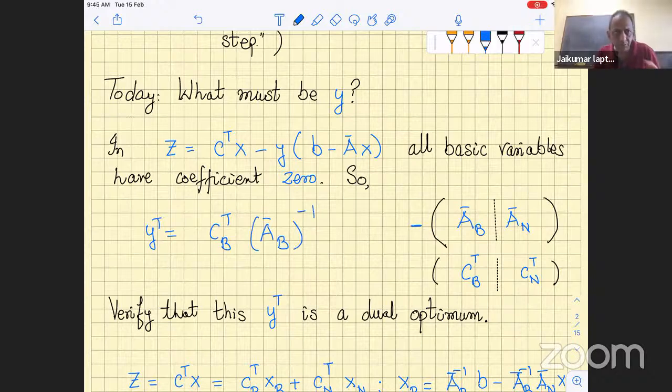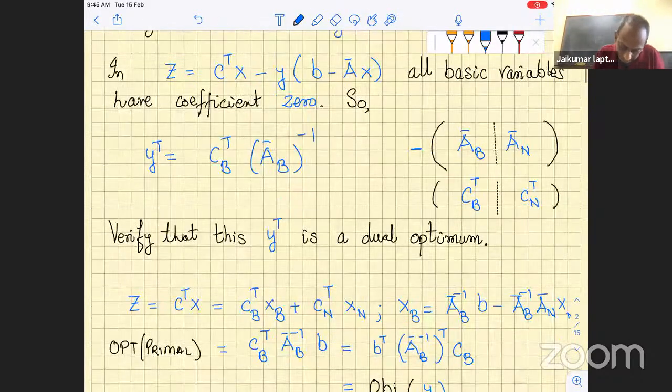So let us take this value for Y bar. We have straight away got our hands on the dual solution, or at least a potential dual solution. Now we need to verify that this Y bar T gives us the dual optimum.